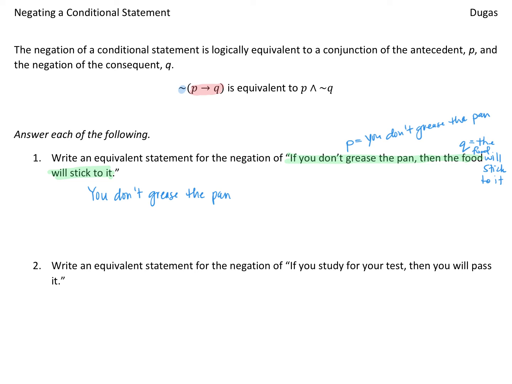So the negation would be the food will not stick to it. And I guess I shouldn't use the symbol and words, so I should put and. So you don't grease the pan and the food will not stick to it. In symbols, that's P and not Q.